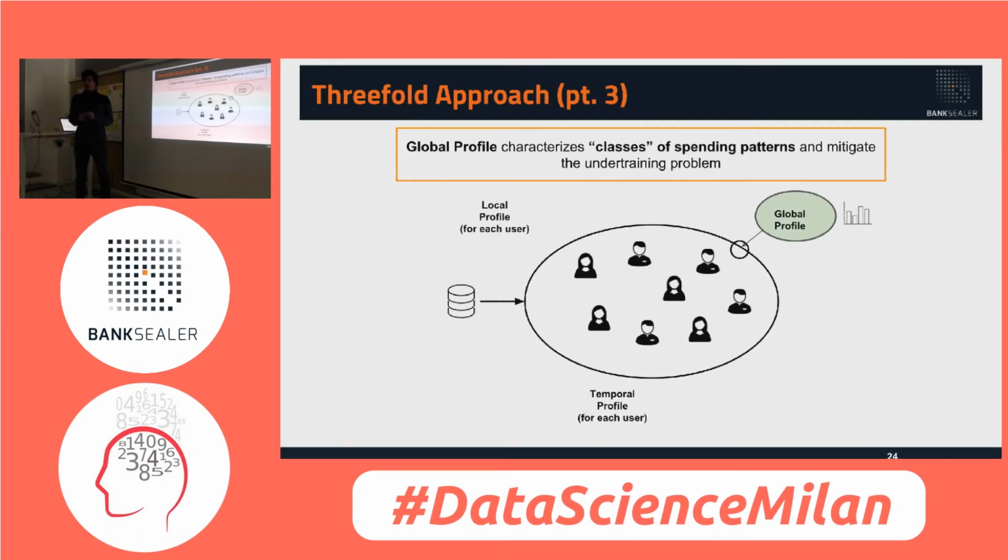When you have a new user, you can't build those kinds of histograms, so you try to predict how the new user will behave. How do you do that? You compare this user to other users. You try to see if they belong to a specific cluster, and then you use this information to assign an anomaly.